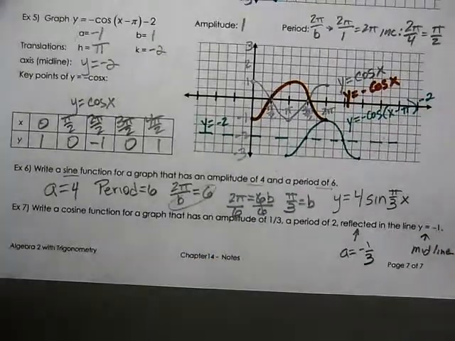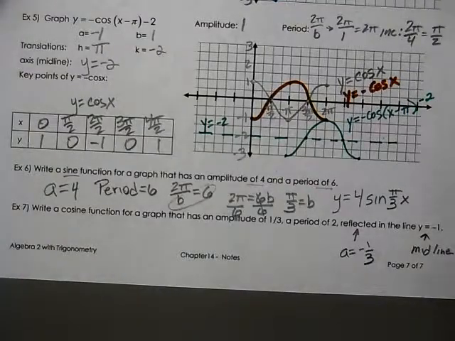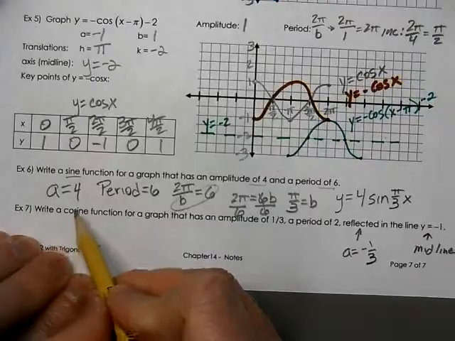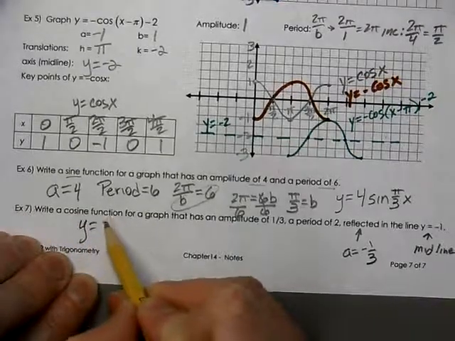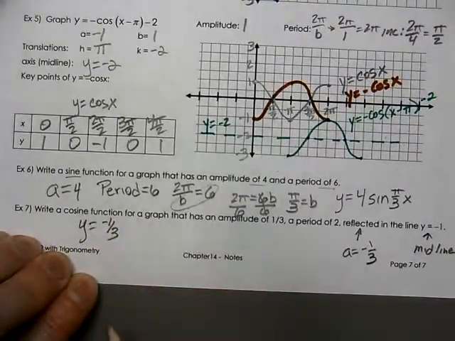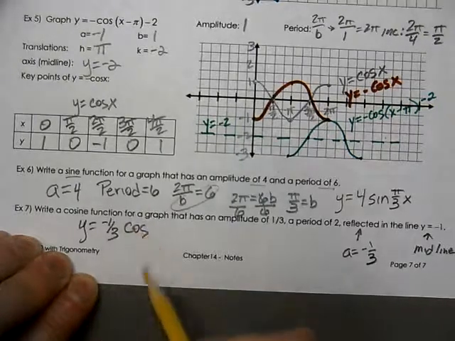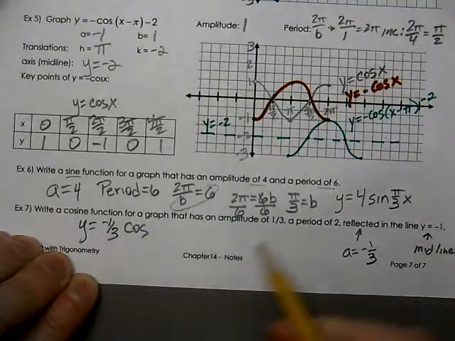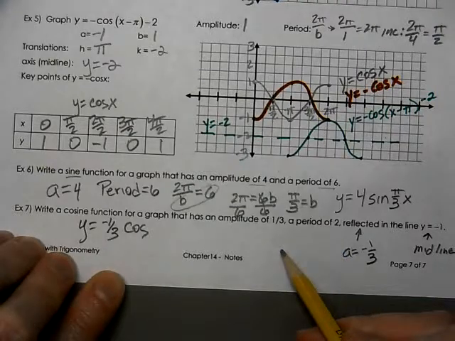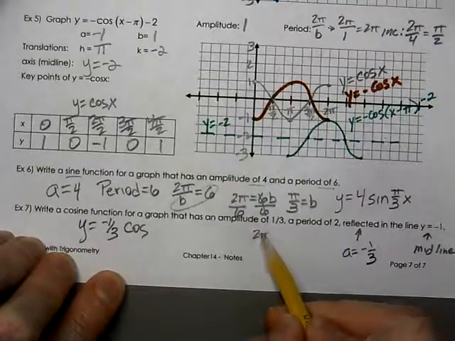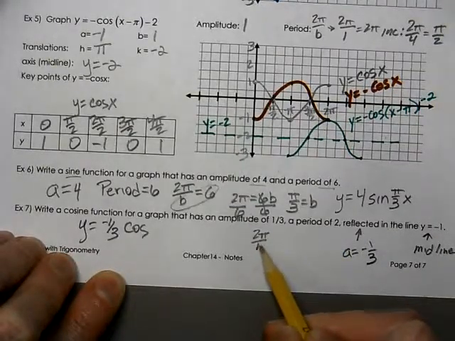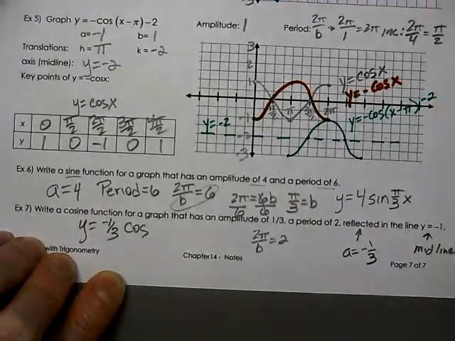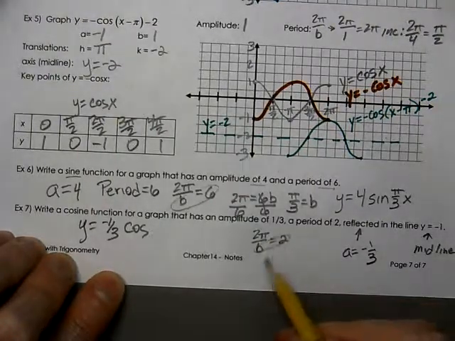Rather than physically reflecting the whole thing over that line and making it land somewhere else, we're going to put our midline at y equals -1. So we're going to get y equals -1/3 cosine. Our period is 2, so 2 pi divided by b equals 2.